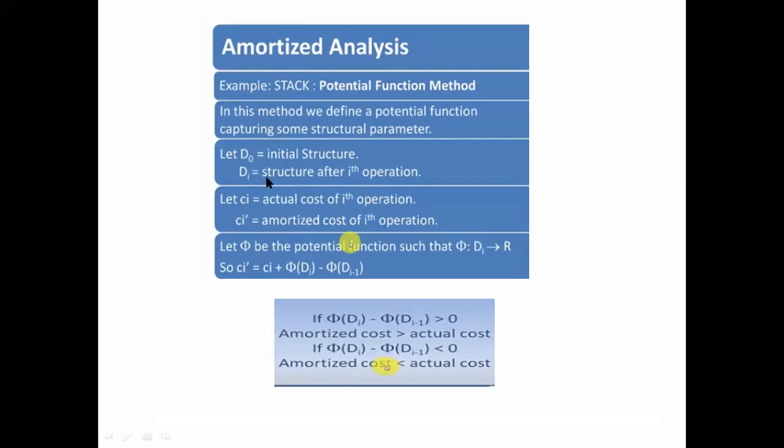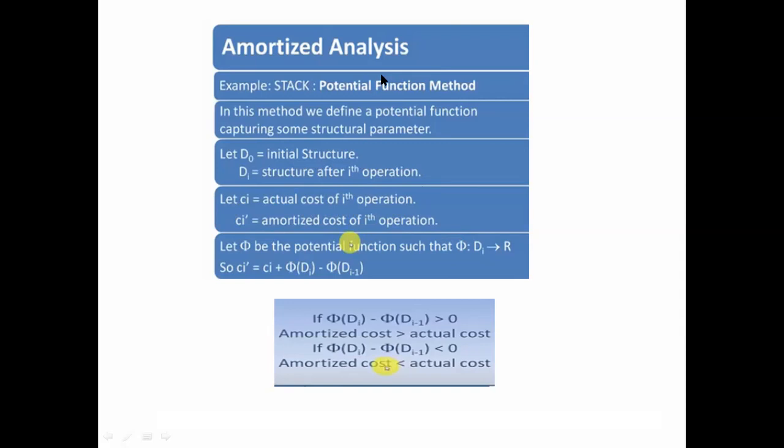Let Di denote our data structure after i operations. Di is the structure after the ith operation, and D0 is the initial data structure. Ci is the actual cost of the ith operation, as we already discussed in the previous method, and Ci dash is the amortized cost of the ith operation.